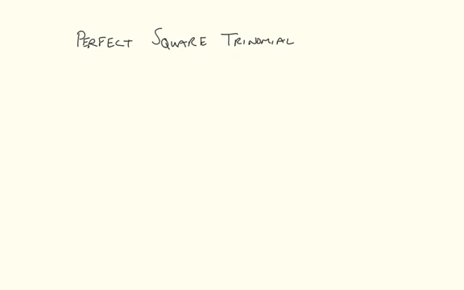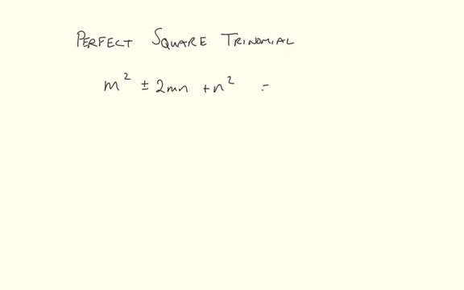So again, if we were to look at a broad definition of what a perfect square trinomial might look like, we would say, well, it starts with a square, ends with a positive square, and in the middle it's either plus or minus double whatever those squares came from. Right?